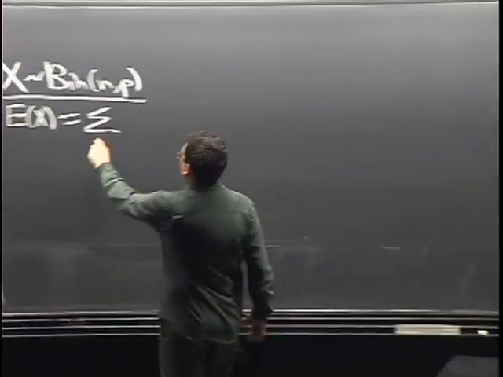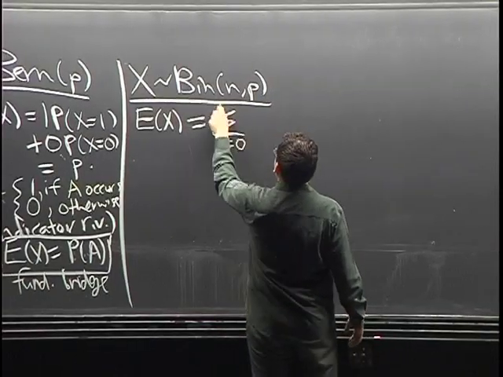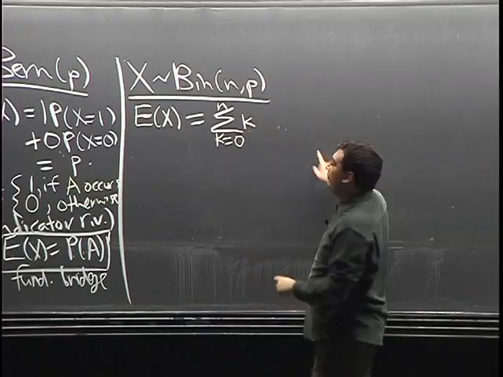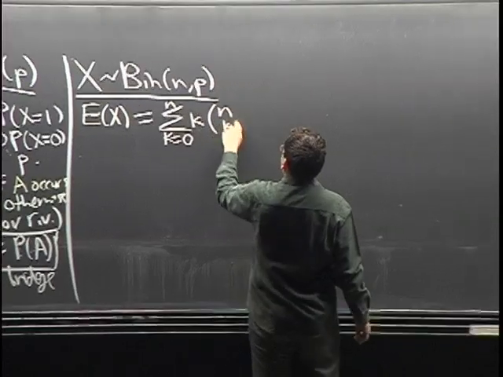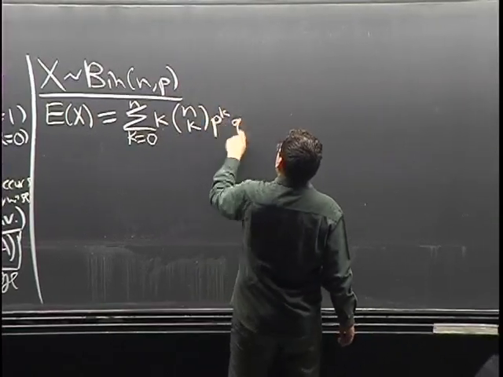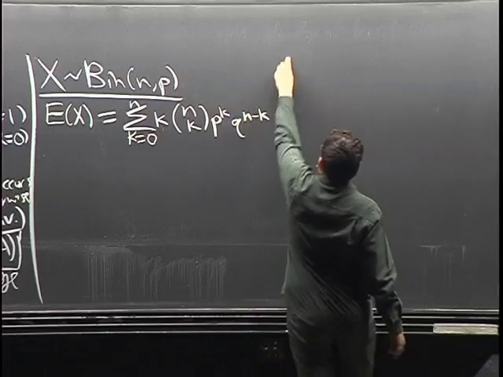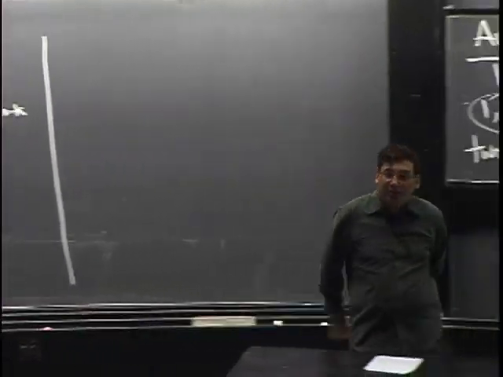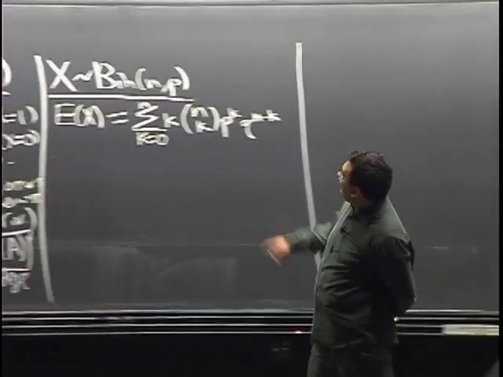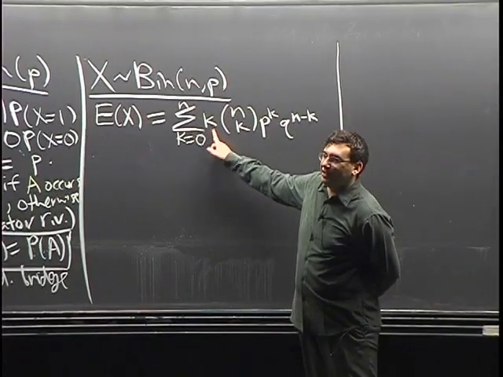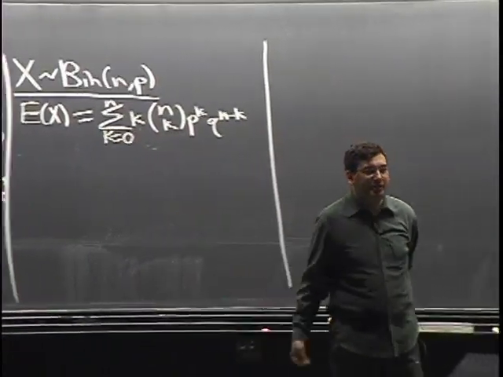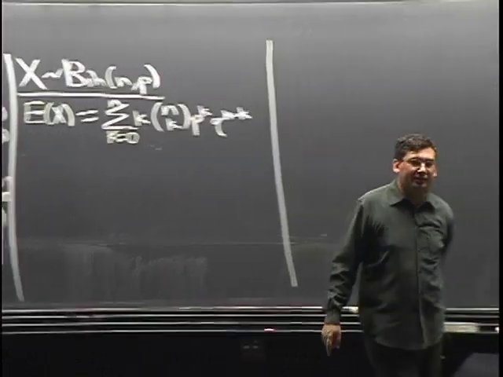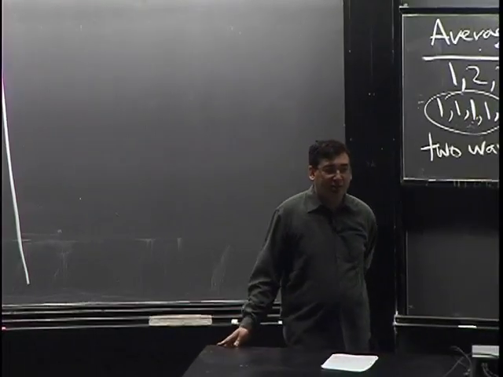The binomial takes values k equals 0 to n. The value is k, and then we multiply by the PMF, which by now you know is n choose k, p to the k, q to the n minus k. Okay, so we have to do this sum somehow. Without the k, that's just the binomial theorem, and we know it equals 1, since the PMF sums to 1. With the k, though, that k is kind of in the way, and we have to deal with it somehow.